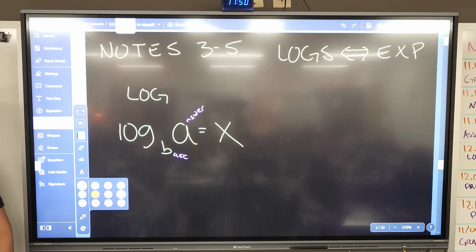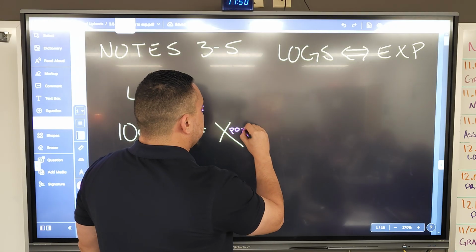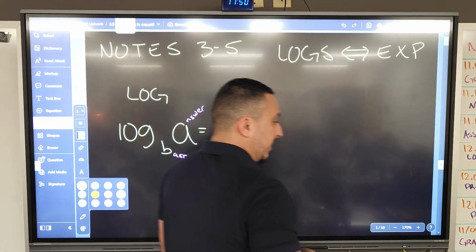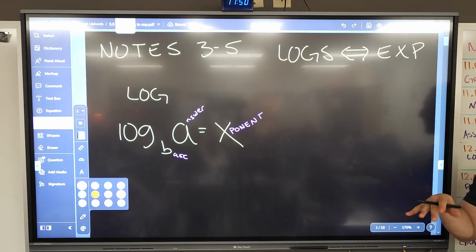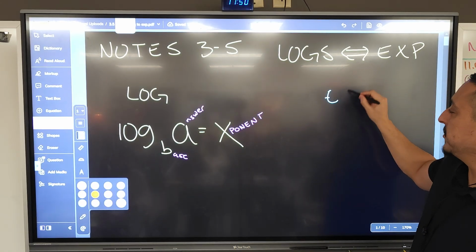X, I know that's not how you spell exponent. You spell it with the E, but still, think of exponent. This might help you learn how to convert it. So we convert this to exponential.